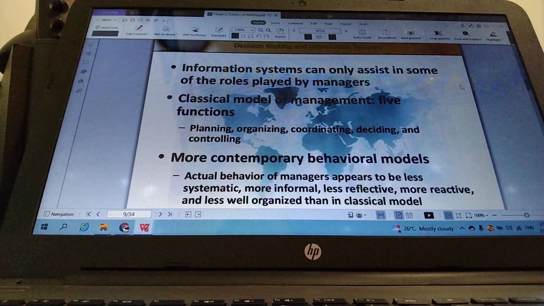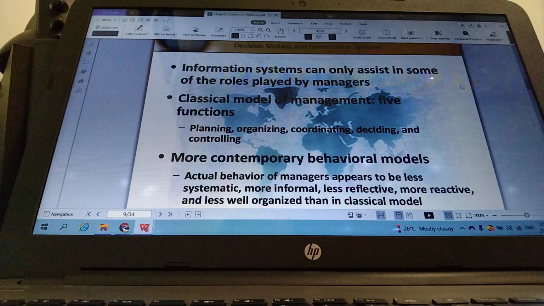And more contemporary behavioral models show the actual behavior of managers, which appears to be less systematic, more informal, less reflective, more reactive, and less well organized than in the classical model.